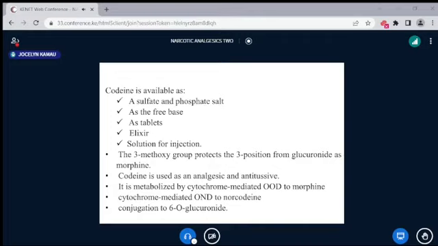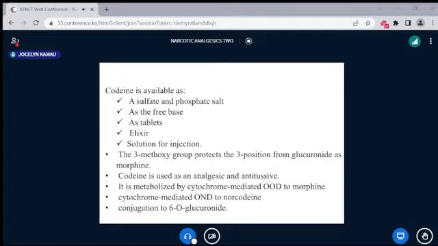It is metabolized by cytochrome-mediated oxidative O-demethylation to morphine. So slowly, it will be metabolized to give you morphine. And no wonder there will be increased toxicity, because one of the metabolites, even at low concentrations, is indeed morphine.